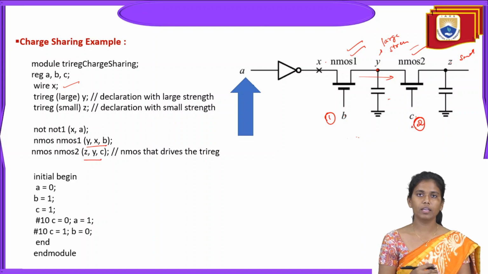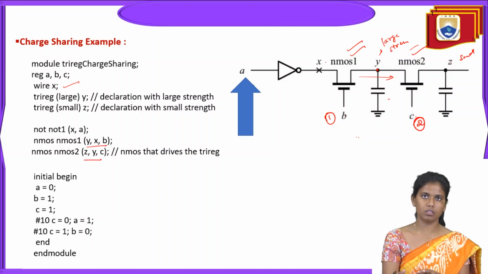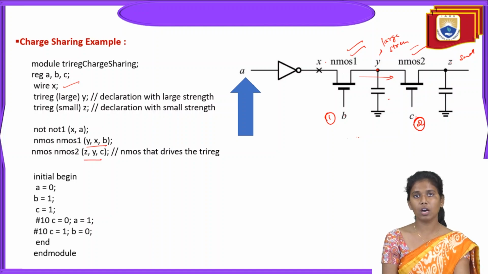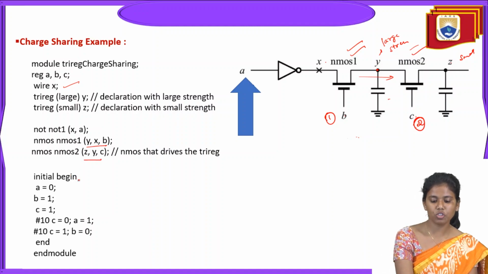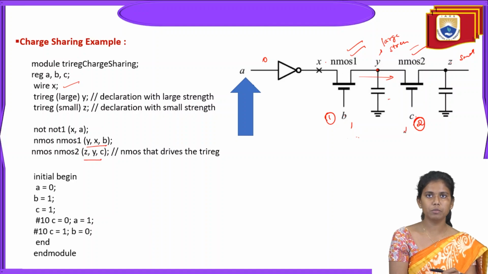And then what we're doing is specifying everything with respect to the input, output and the connection between both the switches. And now finally we are initializing the mechanism of how the charges are shared among the switches. Initial begin. When A is equal to 0, B becomes 1 and also C becomes 1.